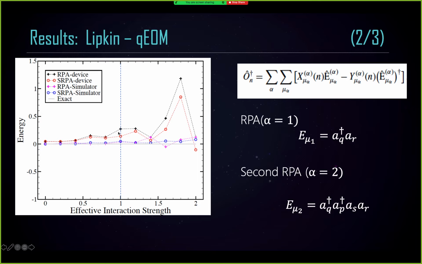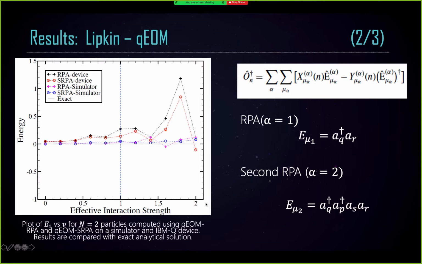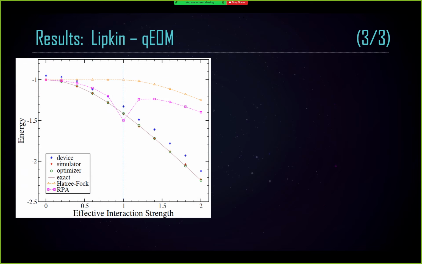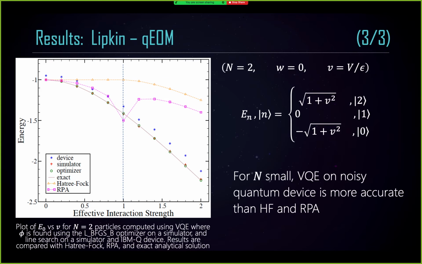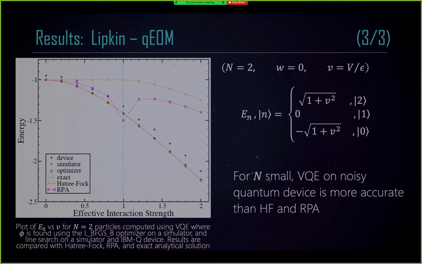We see that the second RPA calculation performs much better than the RPA calculation, but we also see that we get more noise as we go to the strong coupling regime. Just for fun, you can also compare the ground state, and we see that the ground state for n equals 2 is much better than the RPA and the Hartree-Fock calculation. This could be something interesting for those studying small systems.